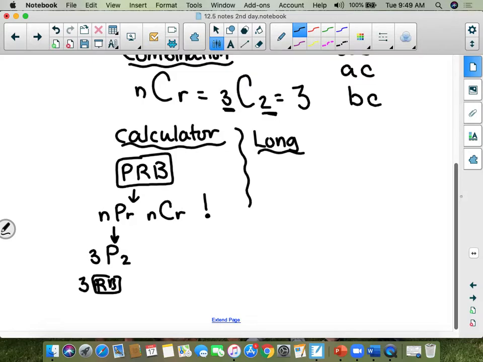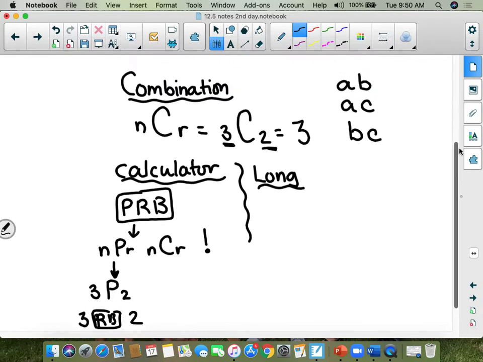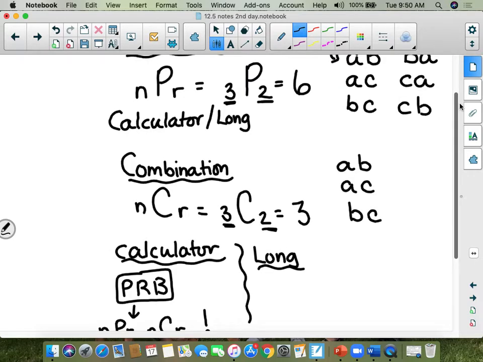Hit enter because nPr is underlined, and then hit 2. So your calculator should show a 3, then nPr, and then 2. Now hit enter, and you get an answer of 6, which we knew up here was 6.